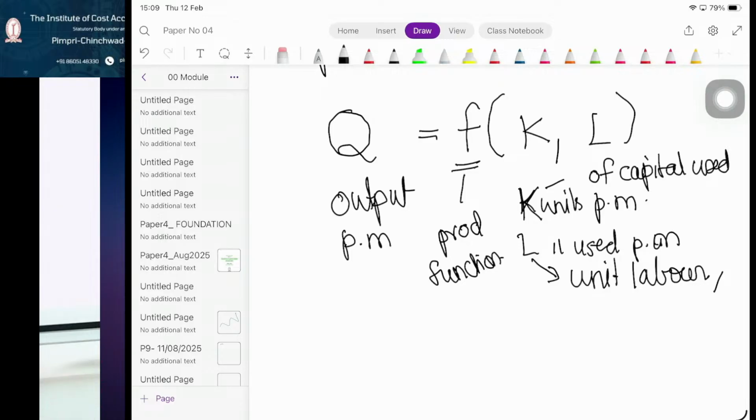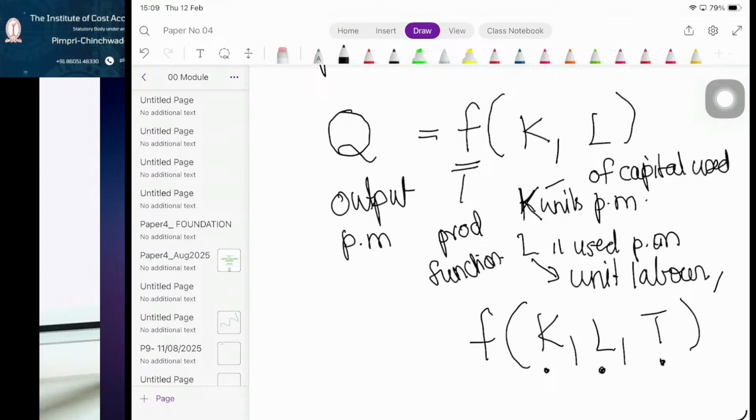Now, land also starts with L. So many times in economics textbooks you may have K, L and T. So K stands for capital units used, L stands for labor and T stands for land. So this would be a set of inputs.